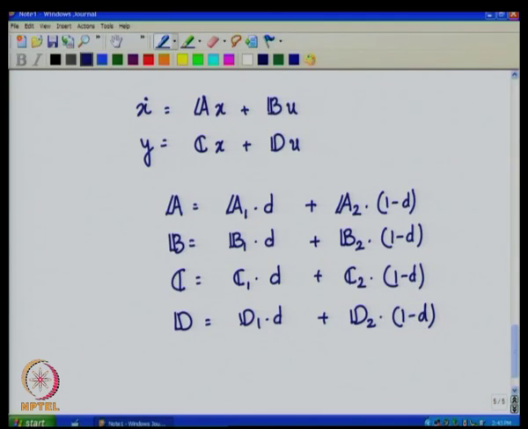As we saw, we are trying to average the signals x and u with respect to the periods d and 1 minus d, as we saw in the last class.